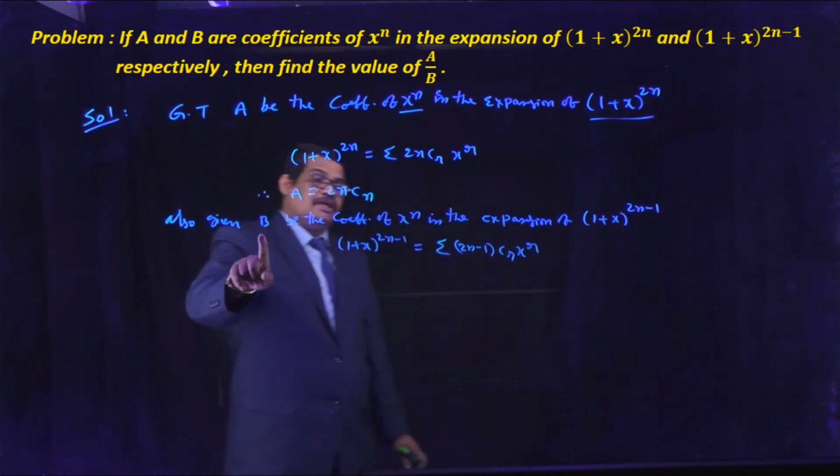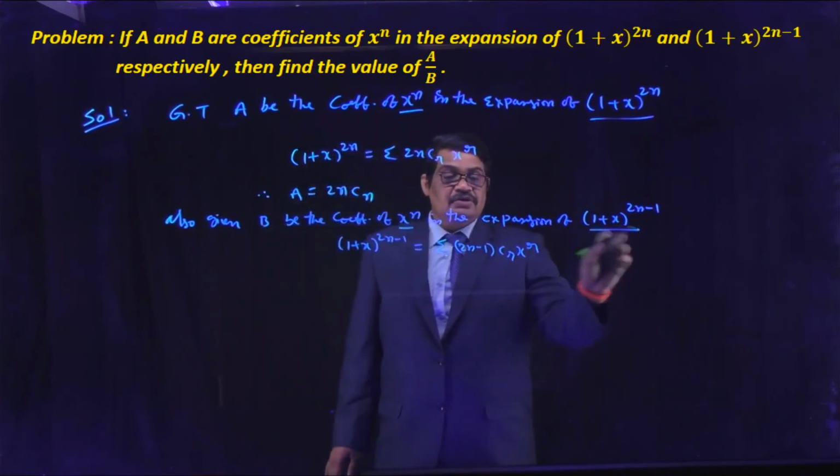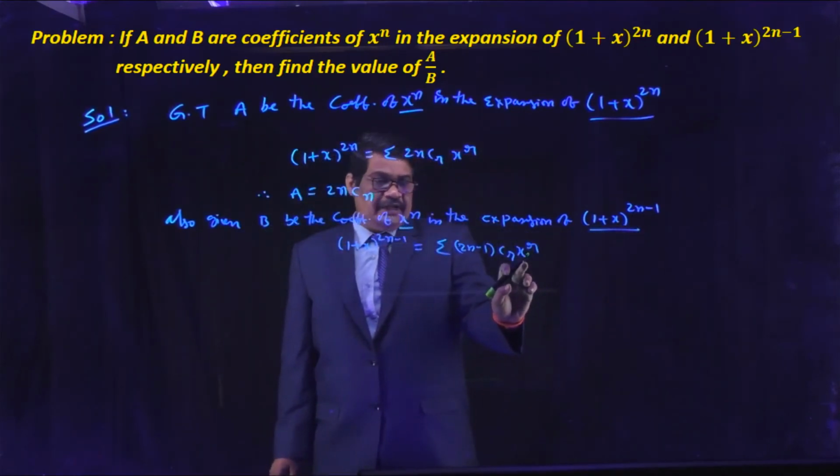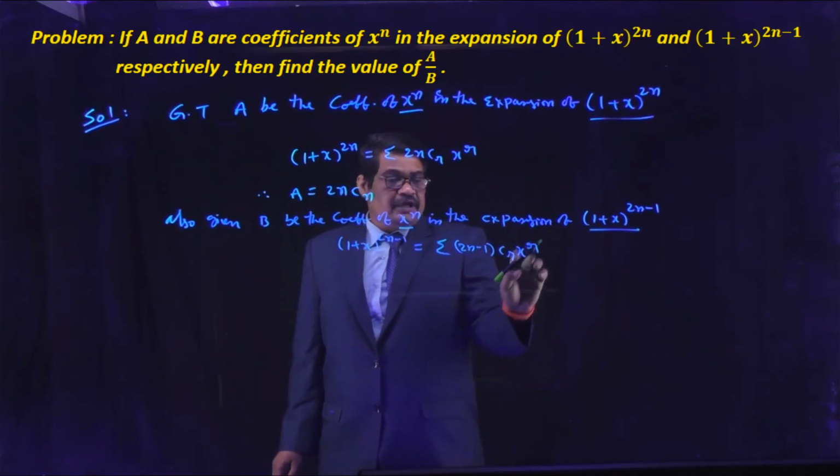Here b is the coefficient of x to the power of n in this expansion. So for this we get x to the power of n. Put r equal to n, then we get x to the power of n.